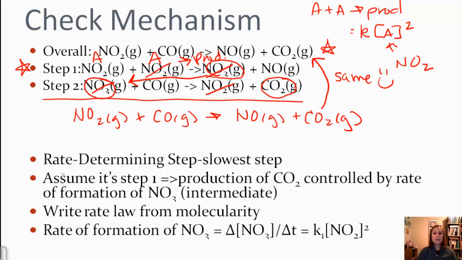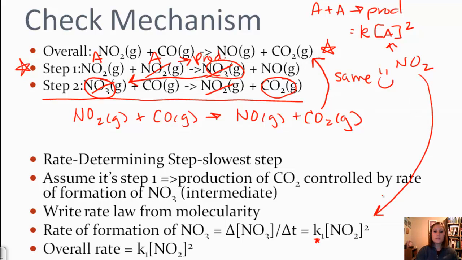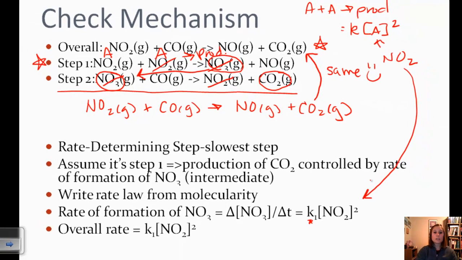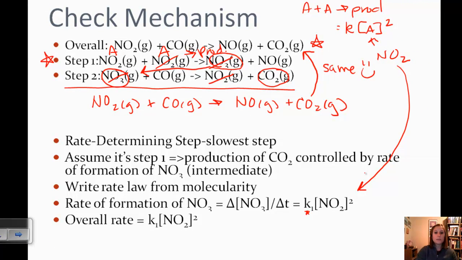Okay, so since our rate of formation of NO3 is the change in NO3 divided by change in time, we said it was equal to k1, because remember that's step 1, times our NO2 to the second power. Well, that's exactly what we just talked about here. So that gives us an overall rate of k sub 1 times the concentration of NO2 to the second power. And so if you remember from previous, this was the experimentally determined rate law. And so they are equal. And so that's good.